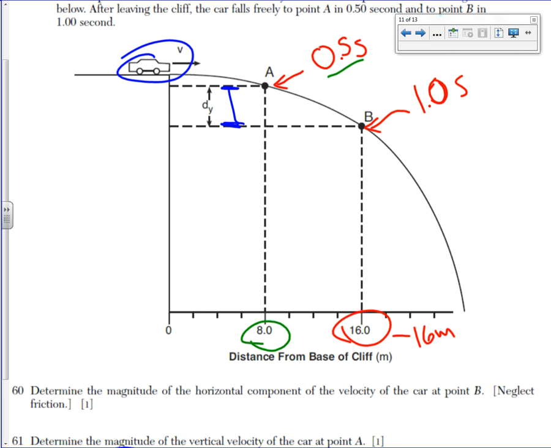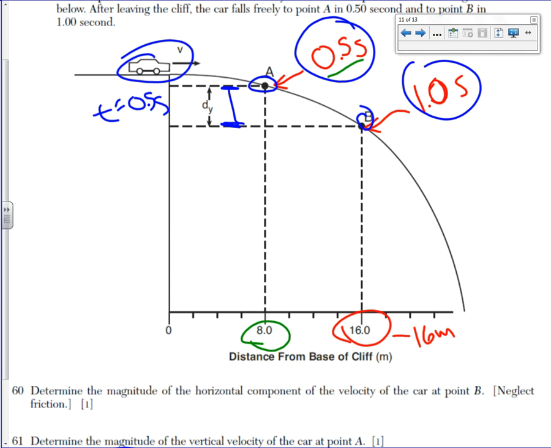When we're going from A to B, the change is from 0.5 seconds to 1 second, and the difference between those two is 0.5 seconds. We also know from the last one, from 61, that at this point our Vy is equal to 4.9 meters per second. That's actually going to be our initial velocity because now we're starting from there.